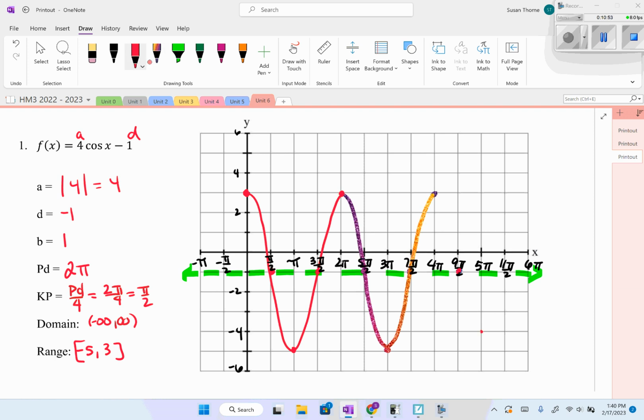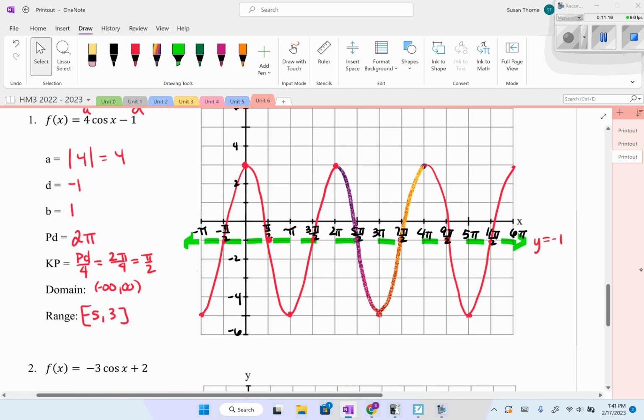And then if we repeat those values, we would get a third cycle. We can do half of a negative cycle. And again, the midline was at y equals -1. And that would be it for my new transformed graph.